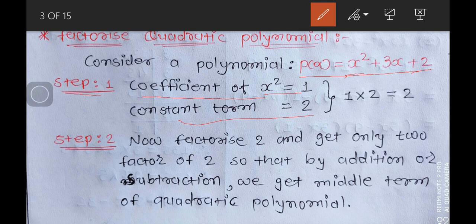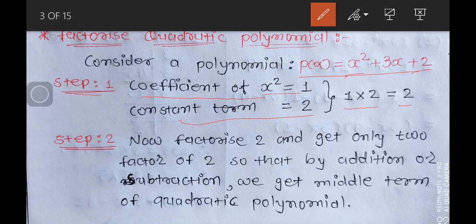Now we multiply the coefficient of x square and the constant term, then we get 1 into 2 is equal to 2. Here you can see that the coefficient of x square is positive and the constant term is also positive, so you get 1 into 2 is equal to positive 2.